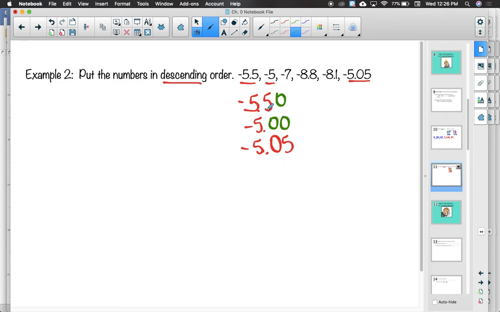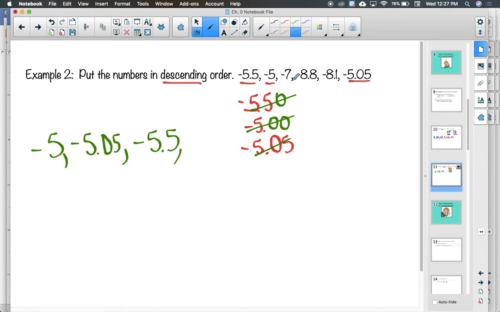All right, so we've got -5 and 50 hundredths, 0 hundredths, 5 hundredths. Closest to 0 is going to be this 0 hundredths. So my largest number is -5. I'm going to clean up those zeros that I added here. Next, again, I'm looking for the number closest to 0, 5 hundredths and 50 hundredths. Well, 5 hundredths is closer to 0, so that's the next largest number. And then -5 and 50 hundredths. Clean up the 0 and I get -5 and 5 tenths.